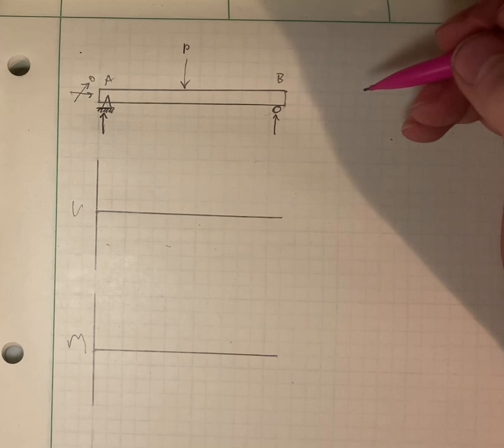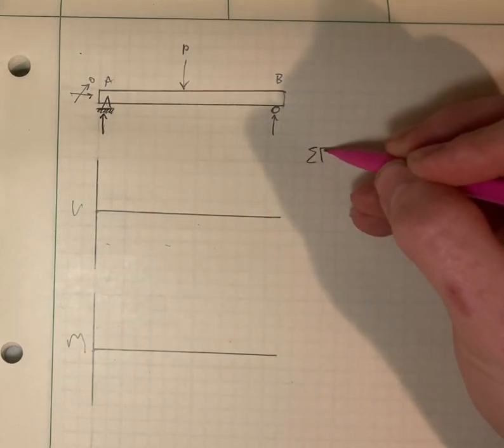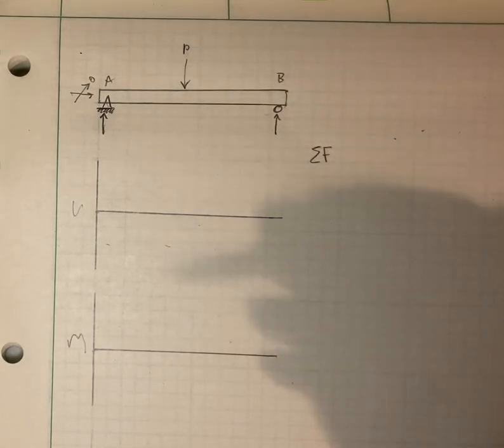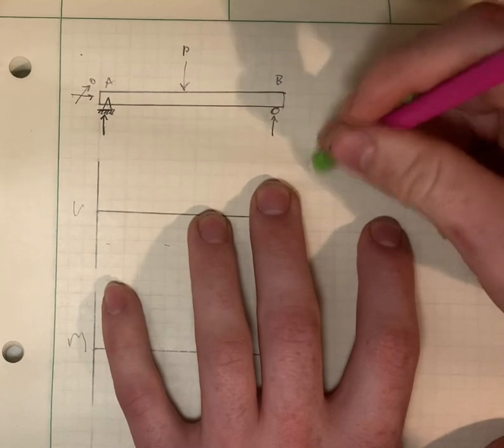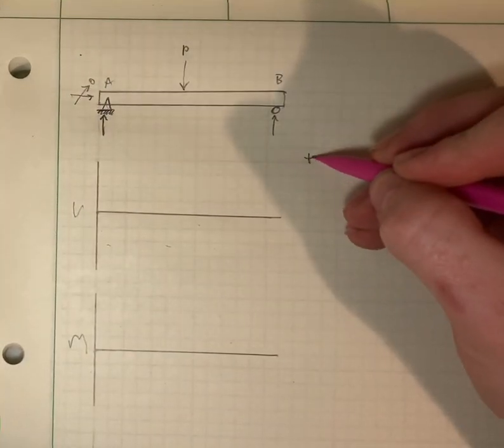And we can start by summing the forces because there's no real... you could start with the moments, I guess, about A. Actually, you know what? Let's do that. I like doing that. Let's just get in the habit of doing that.